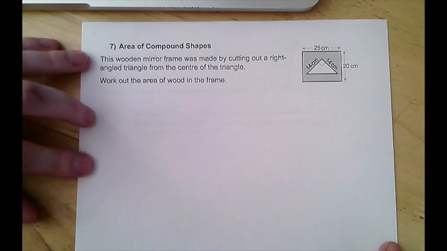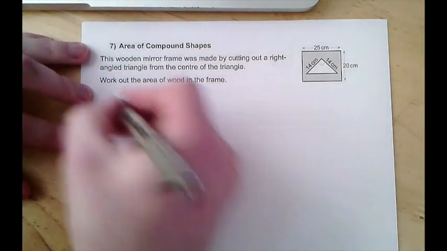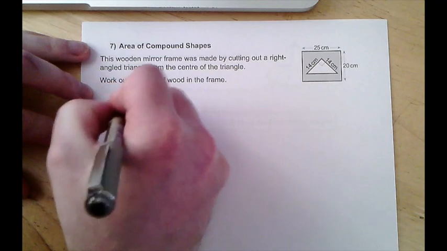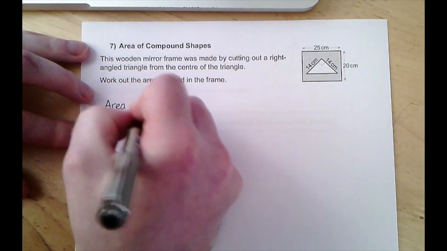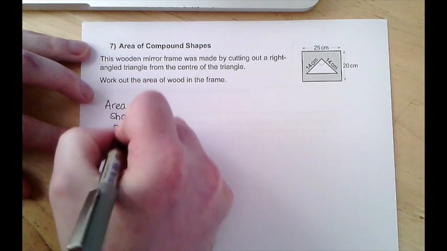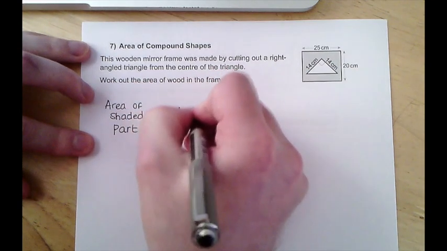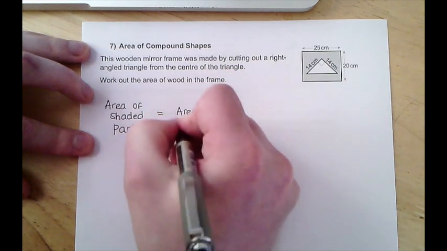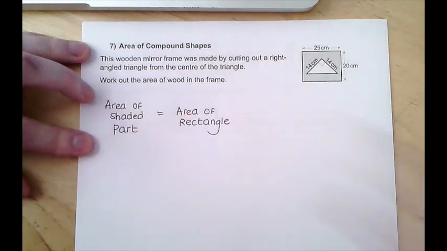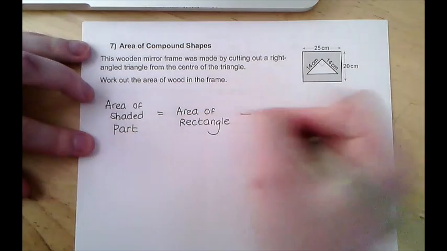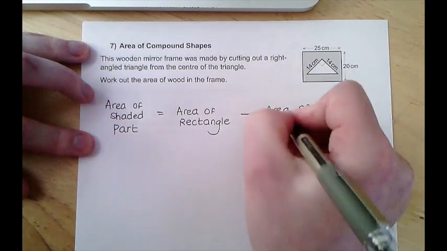So what we can do, the area of the shaded bit of wood, so the area of the shaded part is the area of the rectangle subtract the area of the triangle.